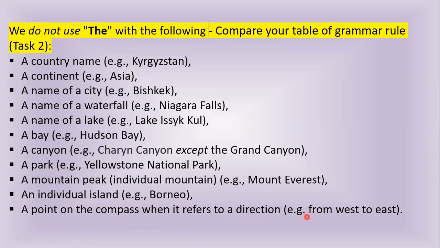When you're showing direction, we don't use the article. But when you're talking about a region, for example, Osh is in the south of Kyrgyzstan, there we use "the". But this is direction: to go to Osh, you need to go from north to south. Here you don't use it, we are showing direction.